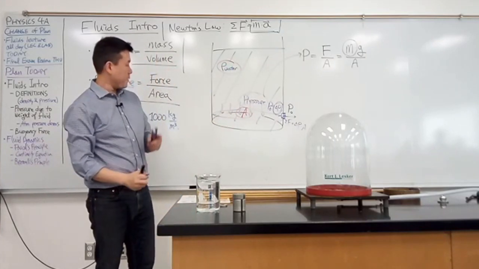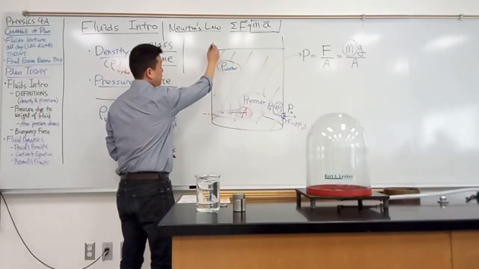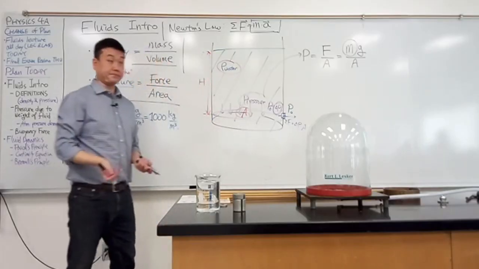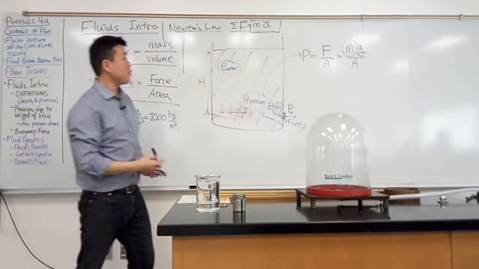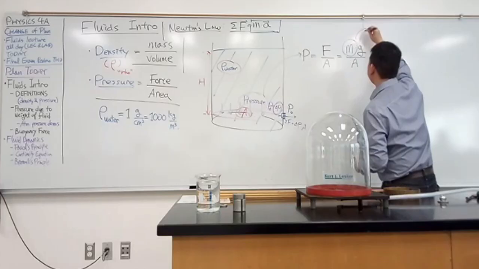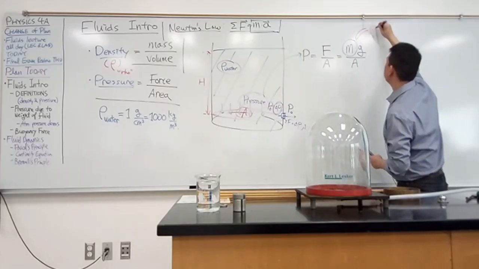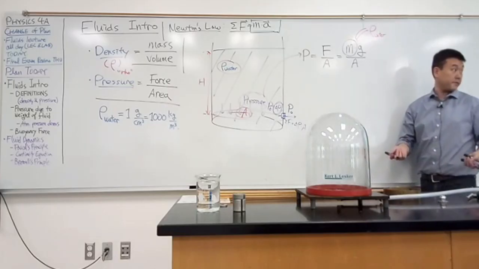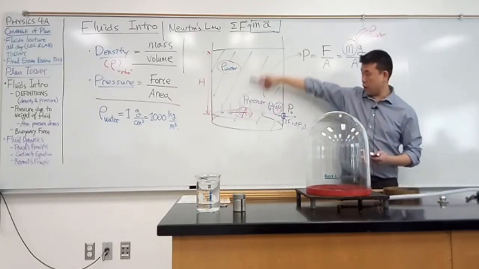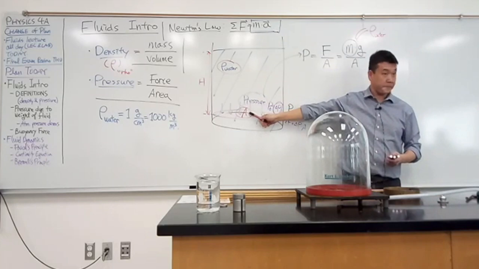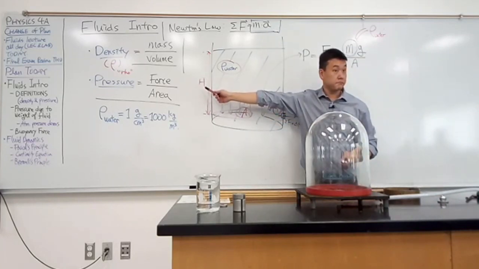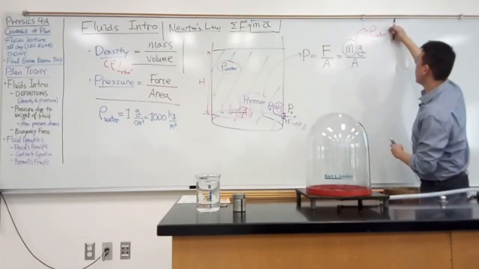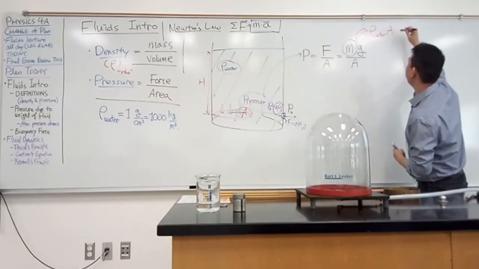And one single parameter that'll probably be useful is the height of this water. So I can express this mass this way. This mass is going to be the density of water times the volume. In this case, this volume would be the cross-sectional area times the height. That seems reasonable. So the mass is the density times cross-sectional area times height.